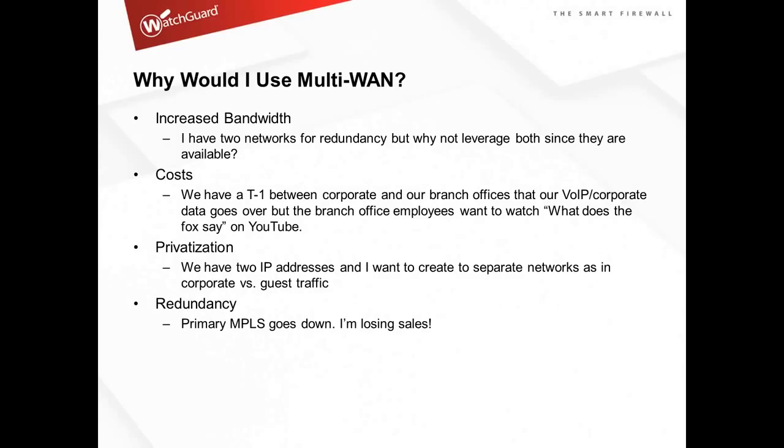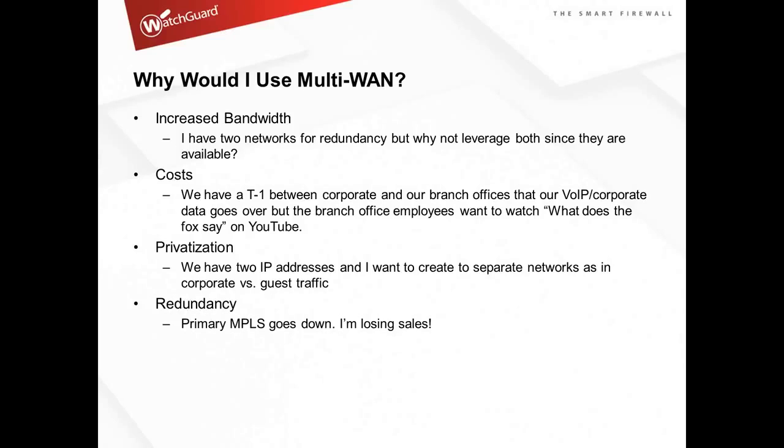But in the event that you wanted your employees to have a little more freedom on their browser and entertain themselves on YouTube, you can set a policy so your branch office employees go over the Comcast connection or a cheaper connection to get to those traffic-intensive applications, while saving your T1 connection for VoIP traffic that is going to be affected by latency issues.